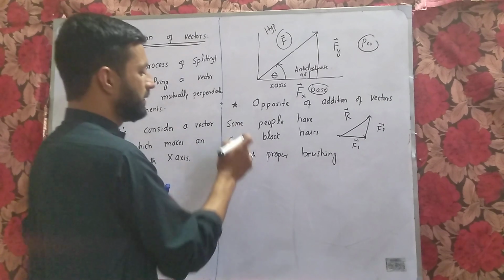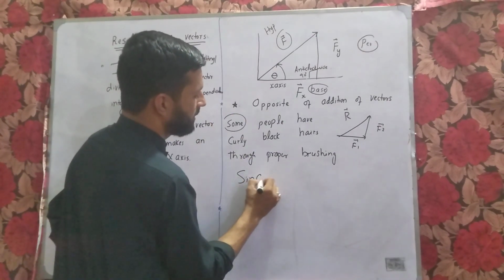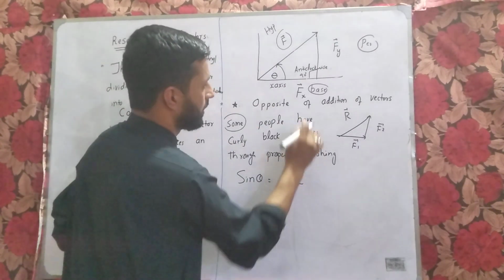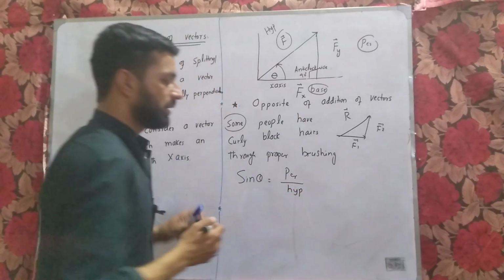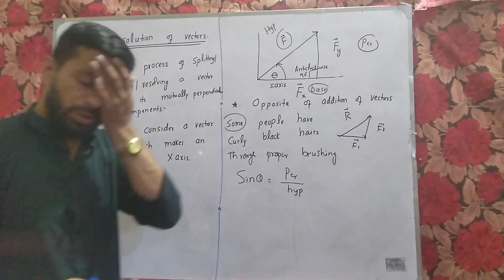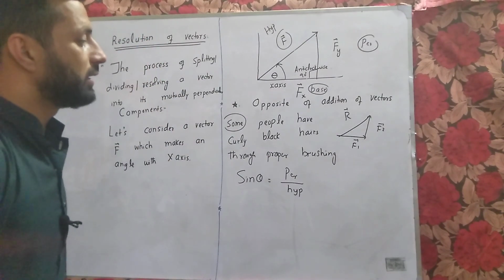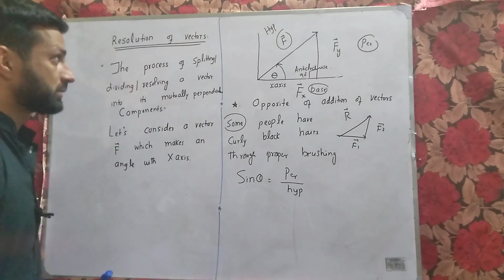So sine theta: "some people" shows sine, perpendicular, and "have" shows hypotenuse. Sine theta is equal to perpendicular divided by hypotenuse.